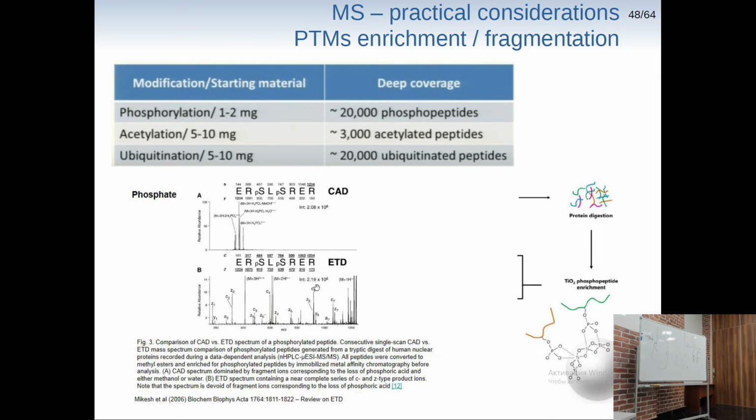Of course, most of the time we will be using just collision-induced dissociation, which is available in most mass spectrometers, but for some cases, like multiple phosphorylation of peptides or proteins, other ways of fragmenting your peptides can be beneficial.